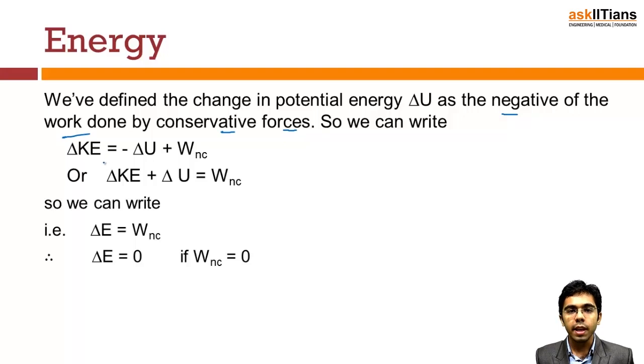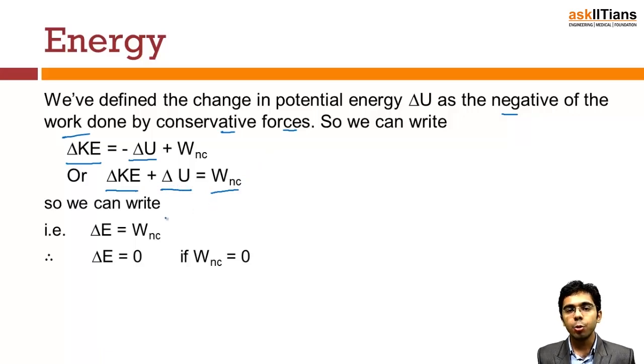Therefore, the change in kinetic energy is equal to minus delta U. We have replaced W_C, the conservative work done, by minus delta U. This was the definition of the change in potential energy. So we got that the change in kinetic energy plus the change in potential energy will be equal to the work done by the non-conservative force.